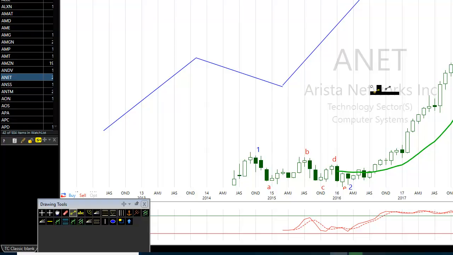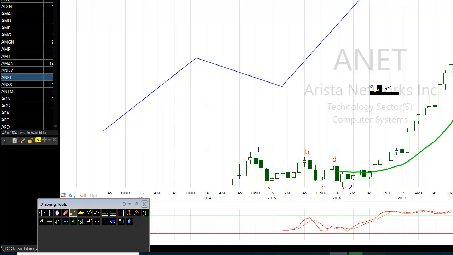Talking about alternance between the second wave and the fourth wave, that is the theory. There can be some exceptions, all right.